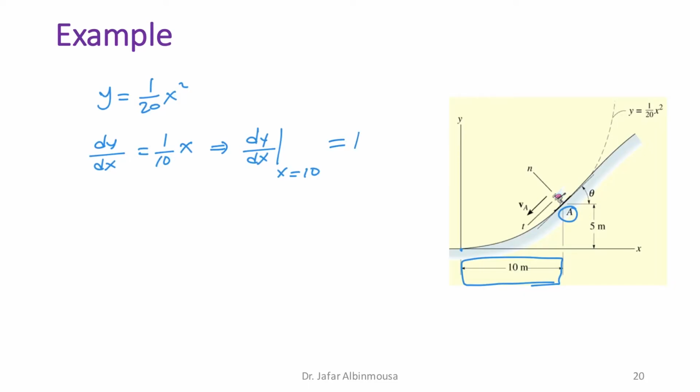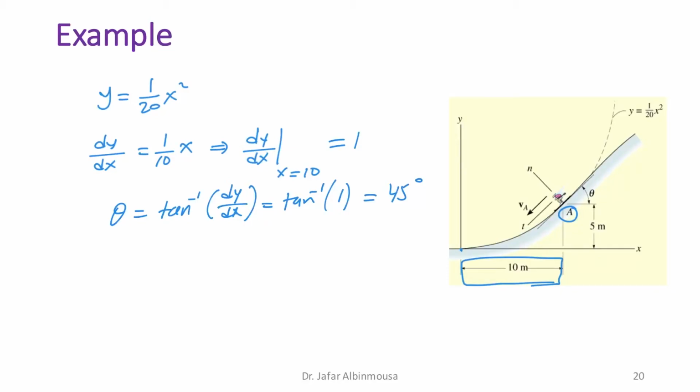Which means that theta, which is equal to the tan inverse of dy over dx, is tan inverse of 1, which is equal to 45 degrees with respect to the x-axis.